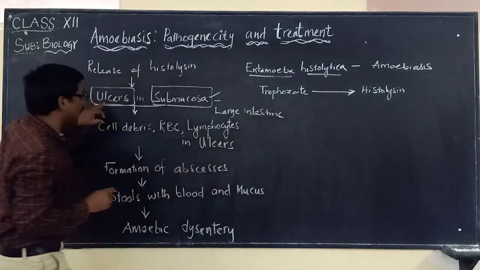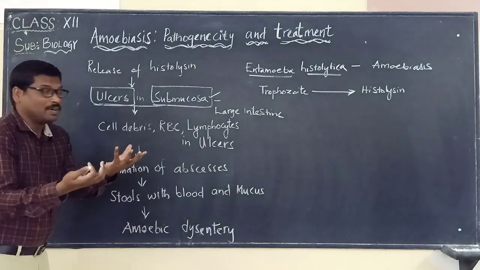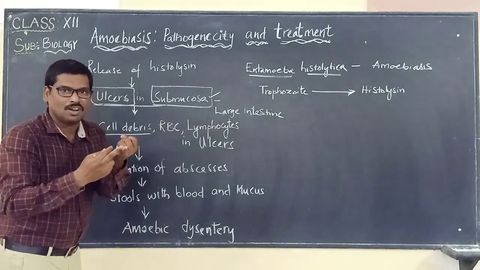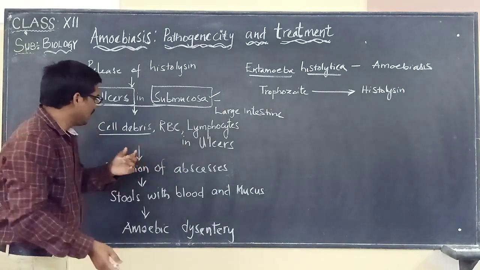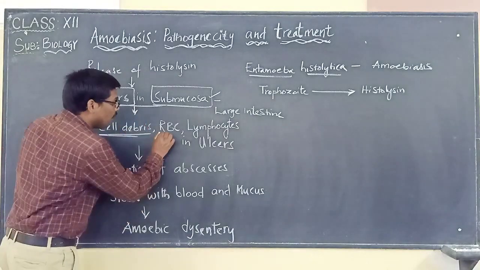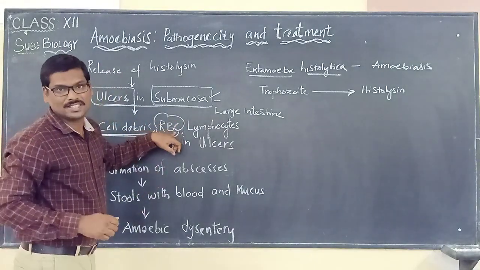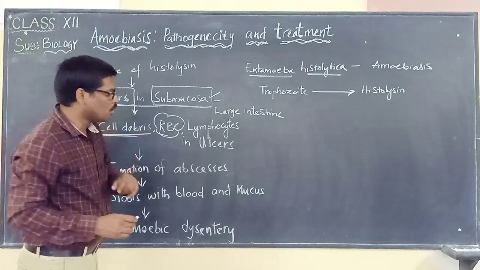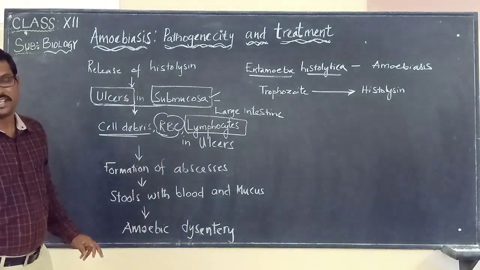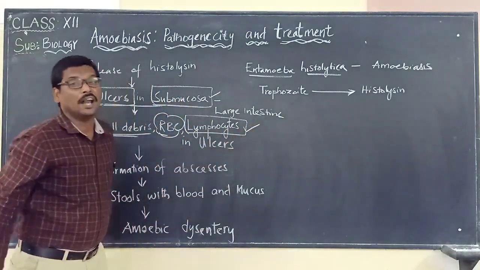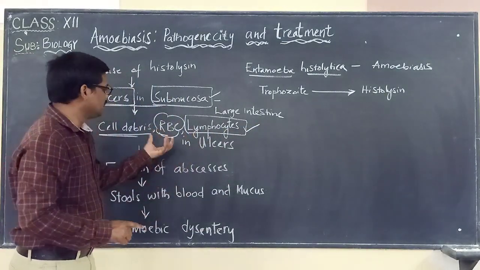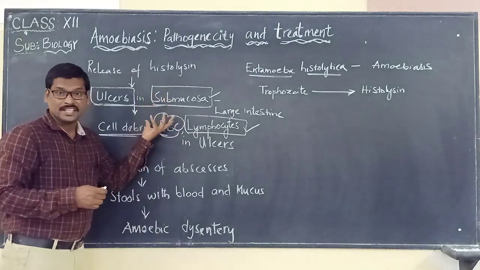Once it causes ulcers, what will accumulate in that area? There will be cell debris, all the destroyed cells of the tissue or the organ. In those ulcers we also see an accumulation of RBCs, and moreover there will be lymphocytes present in the ulcers, in the submucosa.